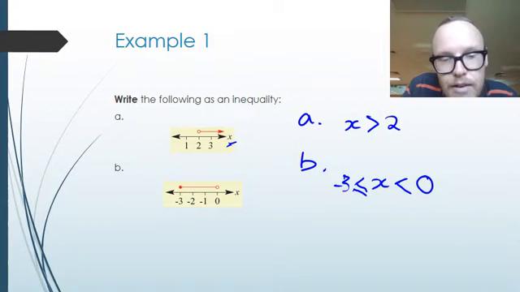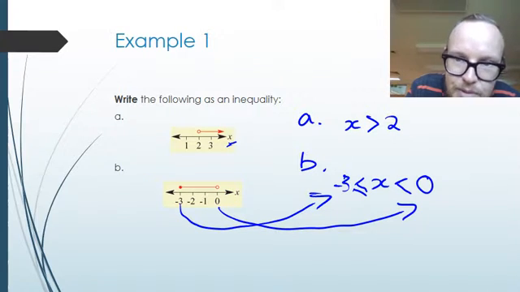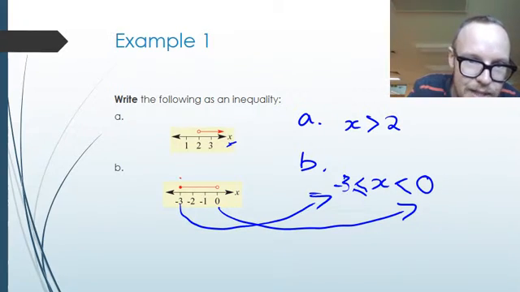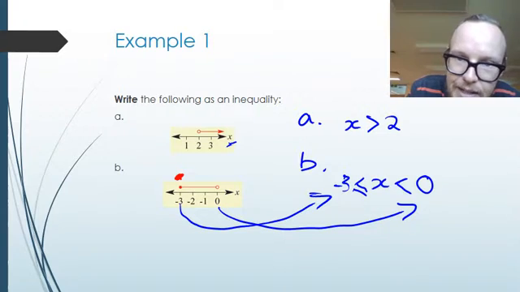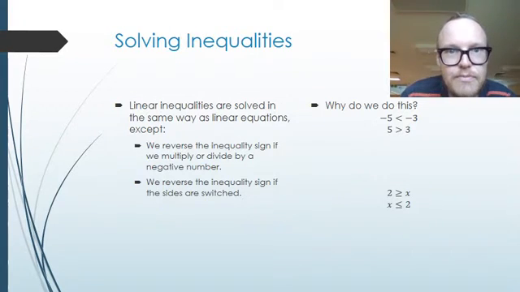We've got our lower and upper bound. Because the circle is filled in on -3, we use less than or equal to, and because the circle is not filled in at 0, we use just less than, and we can see that x is in the middle of both of those values.